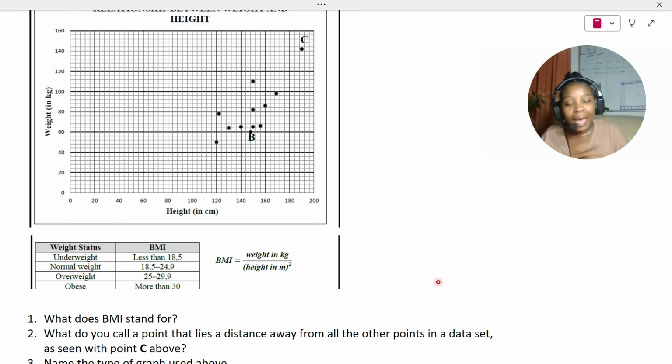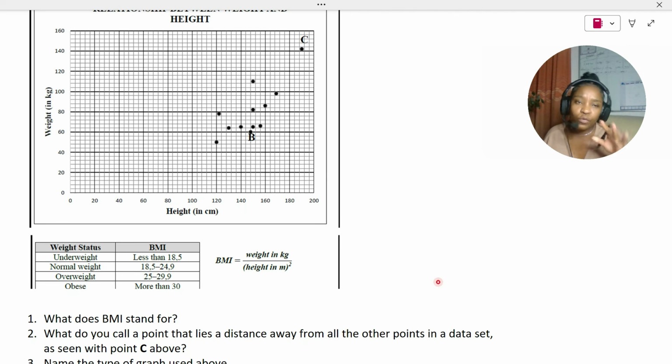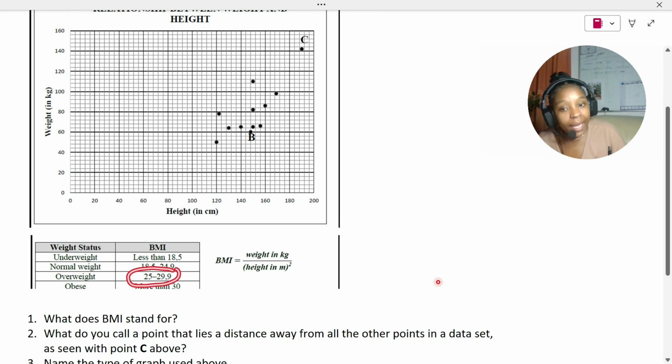If your BMI is between 18.5 and 24.9, you've got normal weight. If your BMI is between 25 and 29.9, you're overweight. And if the BMI is more than 30, that means you are obese.